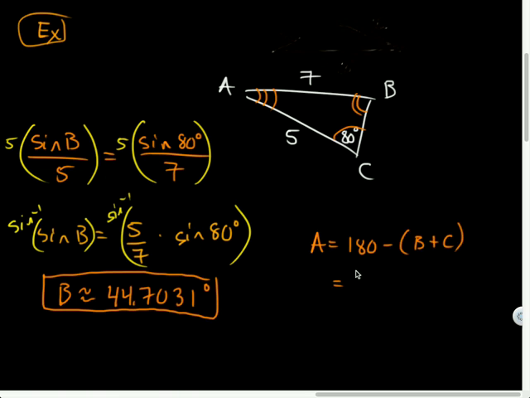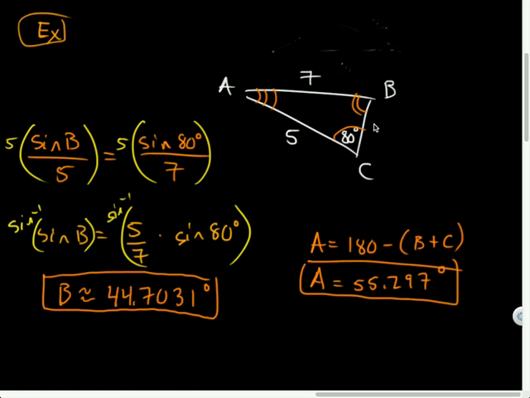So that's 180 minus both of those added together. So 180 minus that plus 80. So I get 55.297 degrees is angle A.